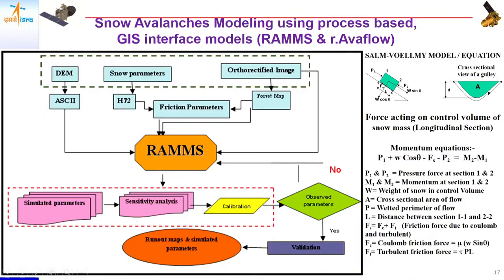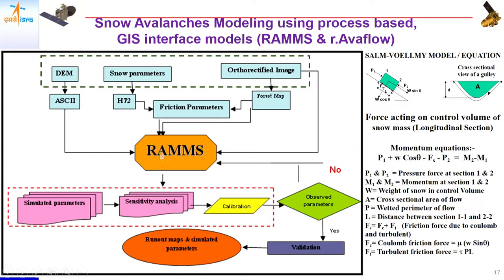So for modeling of these avalanches, what we need is the digital elevation model. Again, it comes either from the Survey of India, or from the drone, or from satellite based data. Then you need the snow depth, which you can get from the ground or take from satellite observation. Then you have this ortho rectified, high resolution, latest image, which will give the friction parameters, for example the forest map.